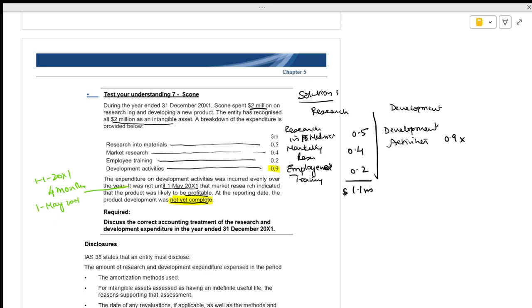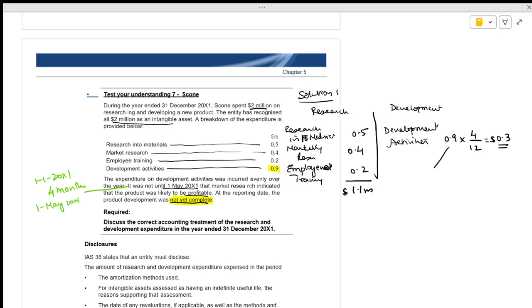Capitalization starts from 1st of May, so 4 months out of 12 is expensed, which comes to 0.3. That 0.3 is in the development activities.